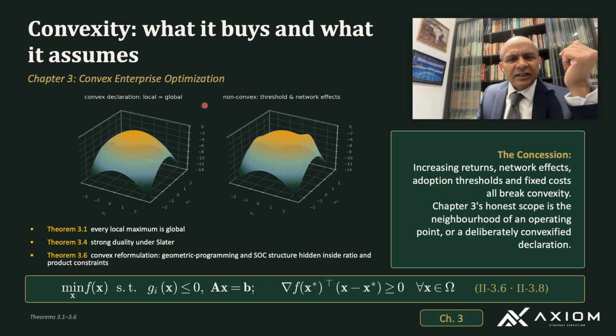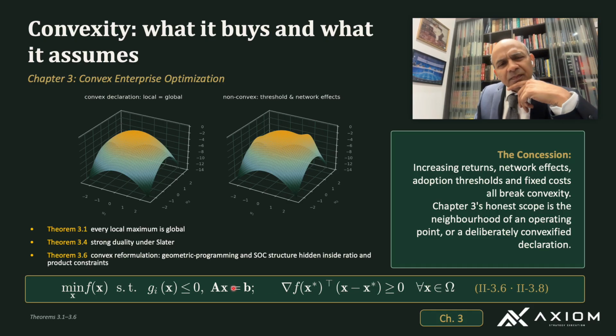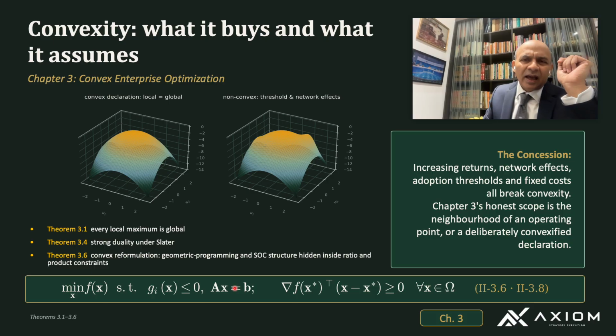So we choose the decision vector x to minimize the objective over here, which is the f of x, while satisfying inequality constraints g and linear equality constraints Ax equals b. Find the best feasible enterprise decision subject to all declared limits and requirements.